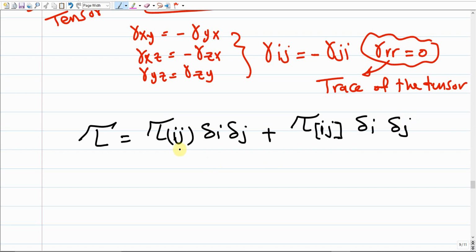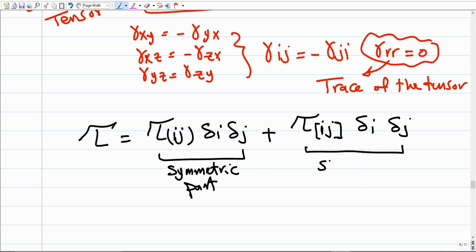So what is this form? Why did we add these parentheses? These parentheses refer to the symmetric part of the overall tensor. This is the general tensor that has been decomposed or split into a symmetric part and a skew-symmetric part.